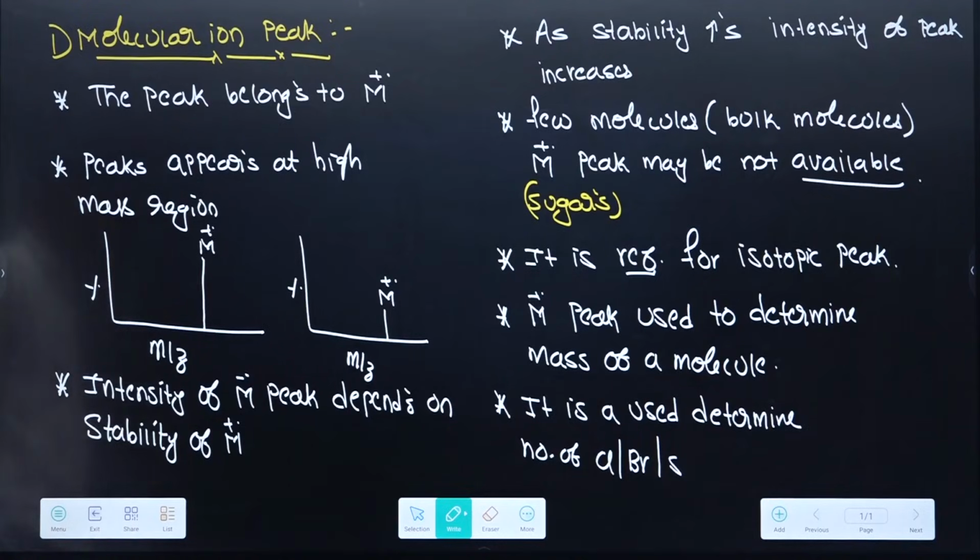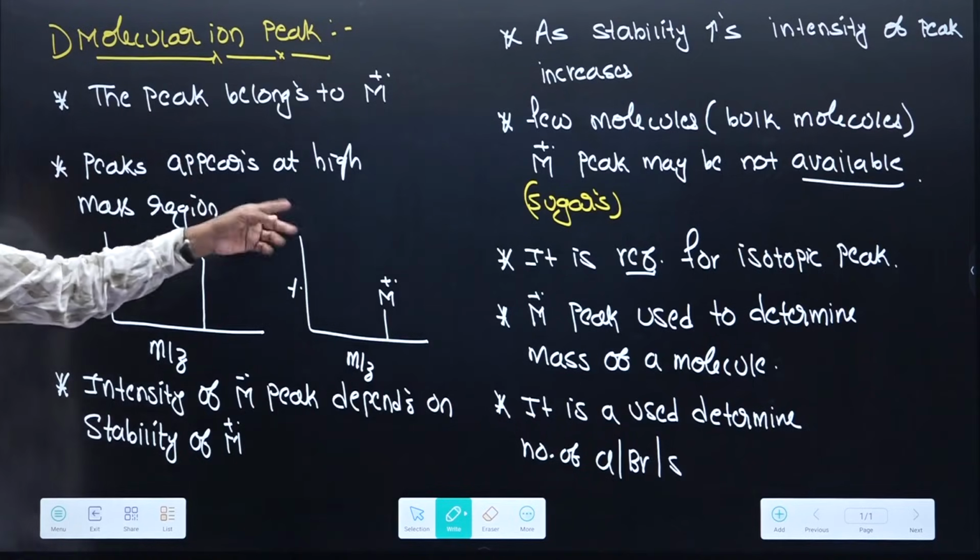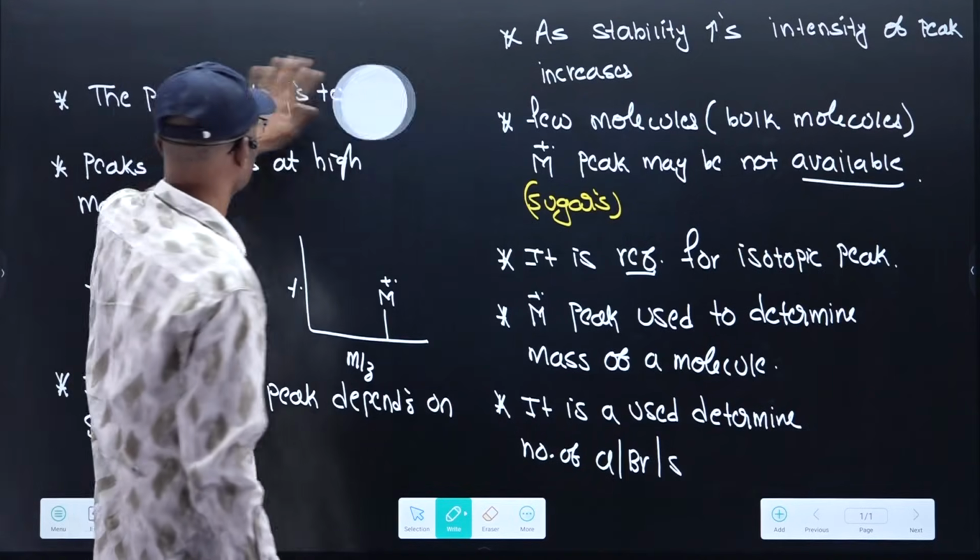It is used to determine the number of chlorines, bromines and sulfurs. Clear? That is about the molecular ion peak.